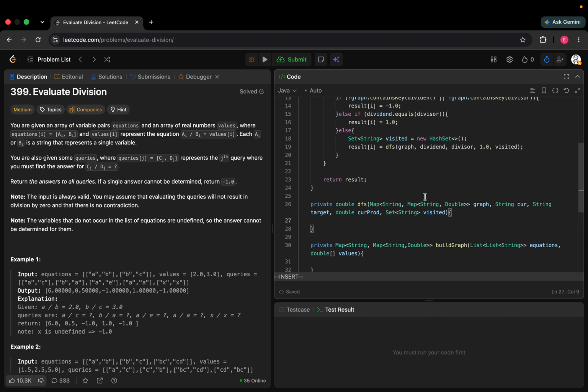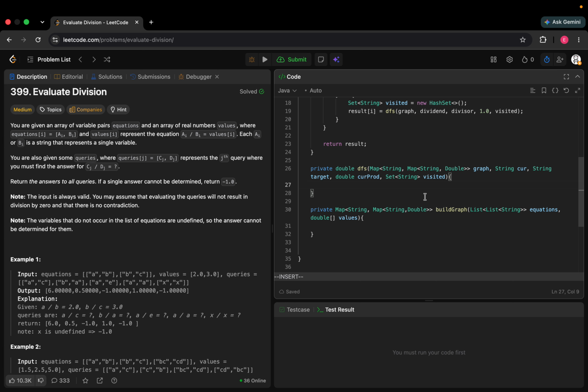Okay, so if cur is equal to the target, right?